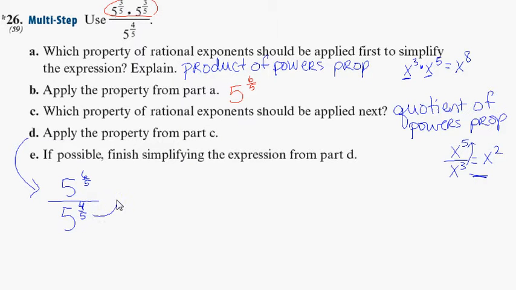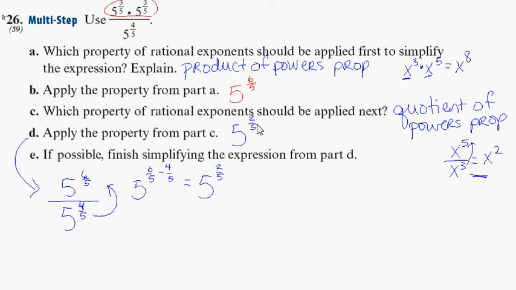So we're bringing this whole thing up here, and what happens when this 4/5 crosses the fraction bar? It becomes -4/5. So now we have 5 to the 6/5 minus 4/5, which is equal to 5 to the 2/5 power. Well, what do you know? So that is the answer for letter D, 5 to the 2/5 power.